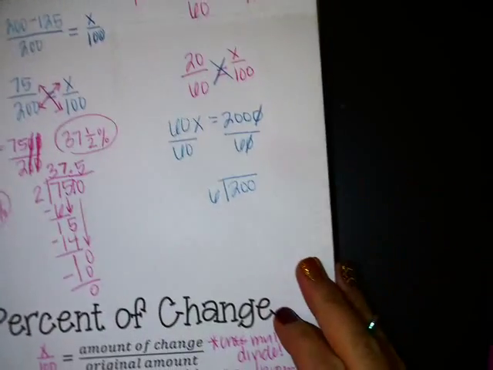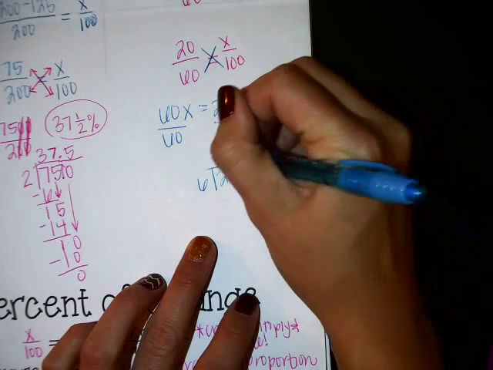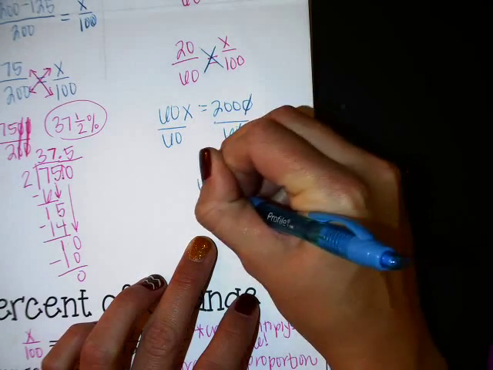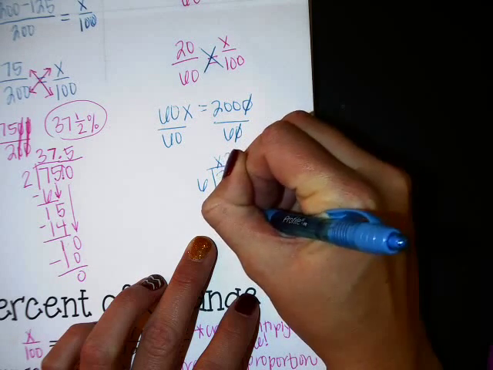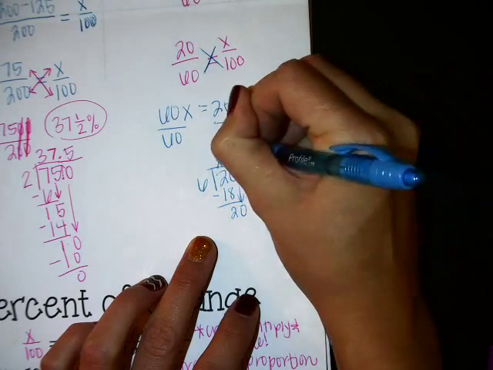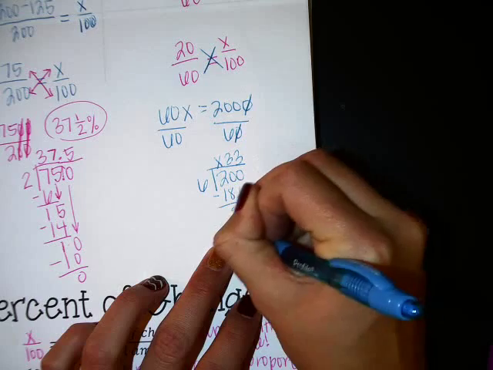6 can't go into 2, so I'll put an X. 6 can go into 20 3 times. 6 times 3 is 18. Get a remainder of 2, drop down a 0. 6 can go into 20 3 times. 6 times 3 is 18. Remainder of 2.